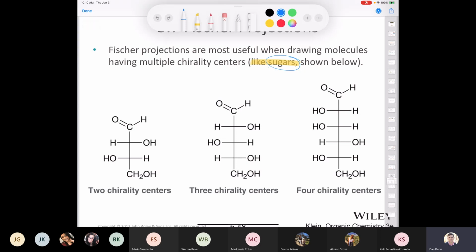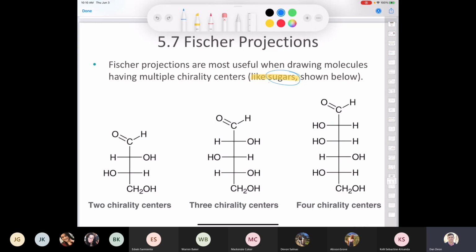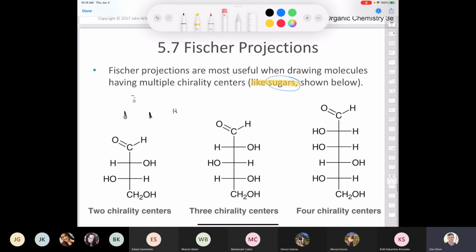But the reason that Emil Fischer developed the Fischer projection, there's actually a very good reason, and I'm not going to get into a lot of the details on the history. Originally, when he was drawing the structures of things like glucose and fructose and mannose and ribose, he was using the zigzag formula like that, and then he'd put CHO, and then he was trying to write all the chiral centers as dashes and wedges, and it got really confusing really quickly.